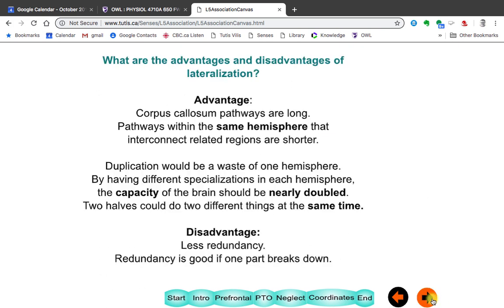That's one example. Now, why do we have lateralization? Why is one side specialized in doing one thing and not another? Well, one advantage is that the corpus callosum is a long pathway to go from one side to the other side.